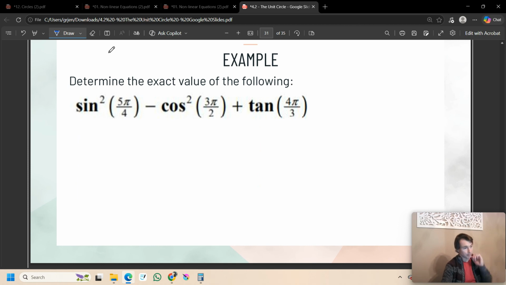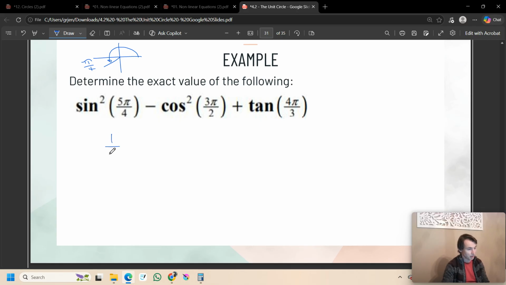5 pi on 4. So draw a diagram. There's pi. There's 5 pi on 4. The reference angle is pi on 4. And so the sine of that is negative. So we have sine squared 5 pi on 4 is the same thing as sine of pi on 4, but negative, but squared. Pi on 4 is 1 on root 2.